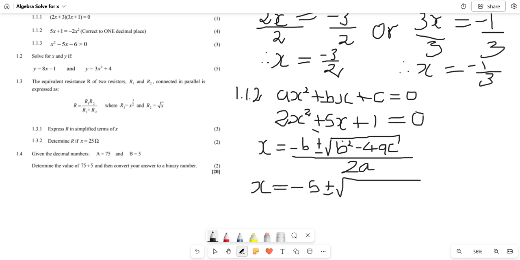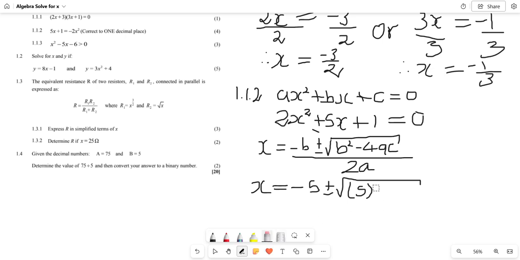Now, since we are going to substitute the value of b into this root, we need to introduce brackets. The value of b that we have is positive 5. Why do we introduce brackets? Because we have a square outside. Sorry for that.